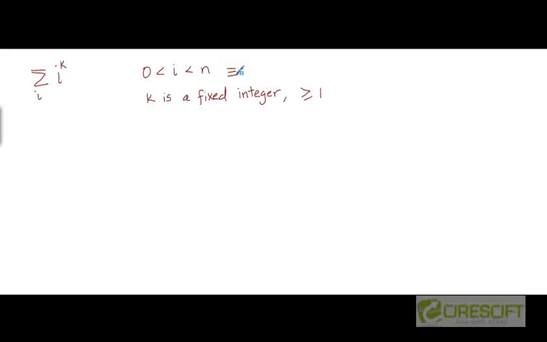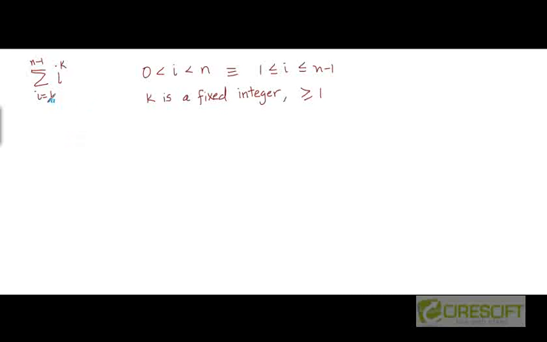Another way to say this is that i takes values starting from 1 and going up to n minus 1. So we'll write this as i varies from 1 to n minus 1. So we are taking the summation of i to the power k, where i varies from 1 to n minus 1.